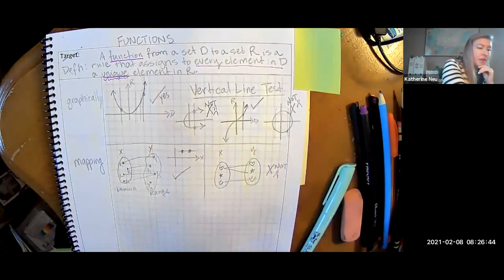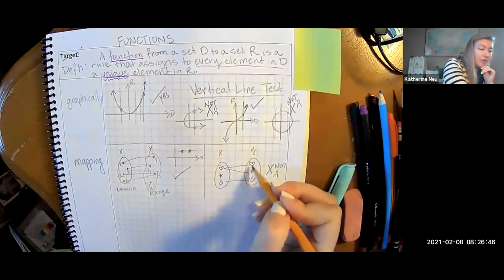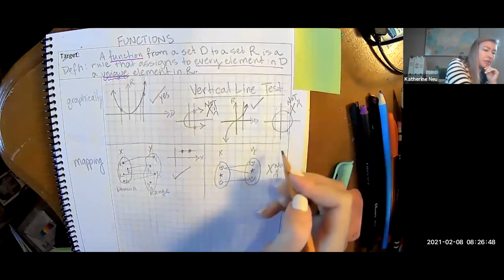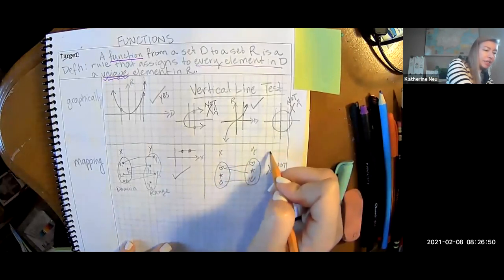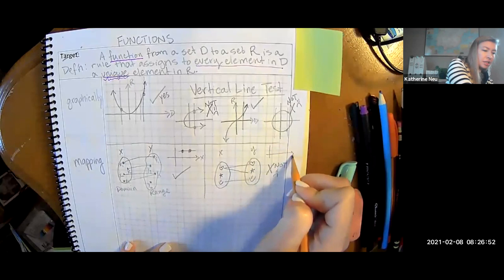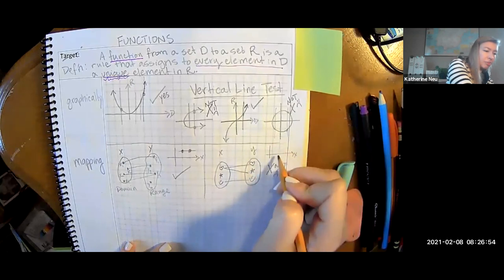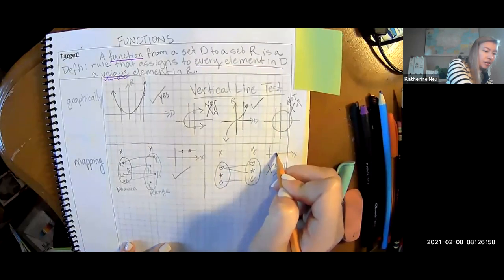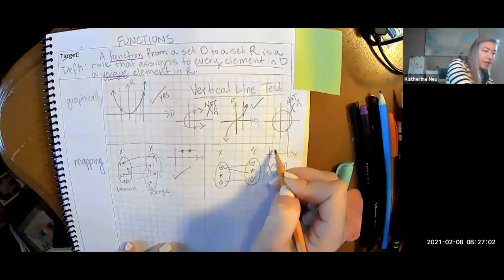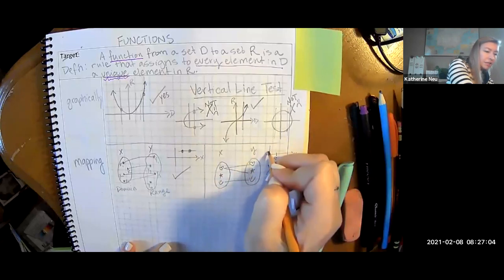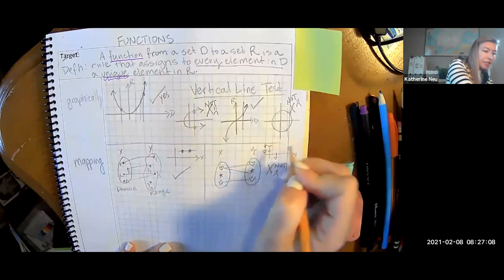Why is that not a function? Well, if I look at this point here with heart and star, if I go to the x-axis and I plot my heart here, and then I come up on the y, it hits where y is heart, and it hits where y is star.